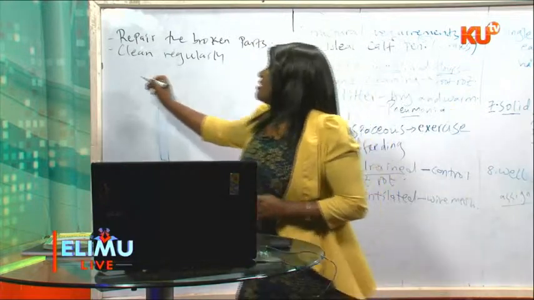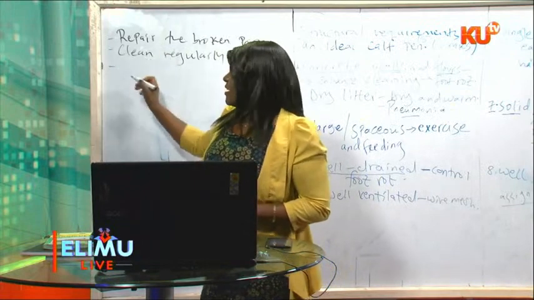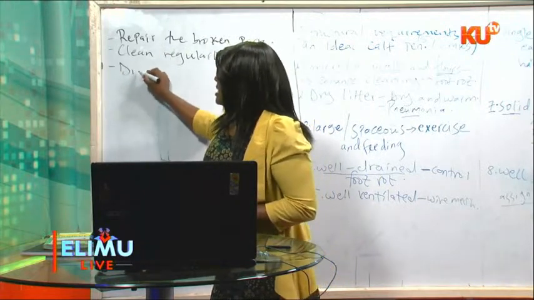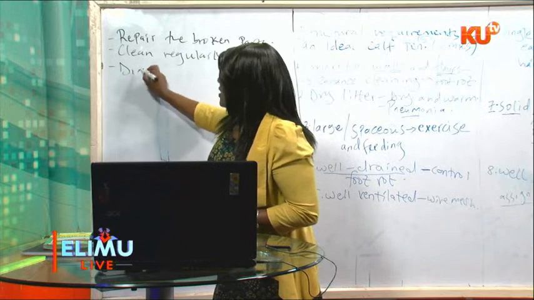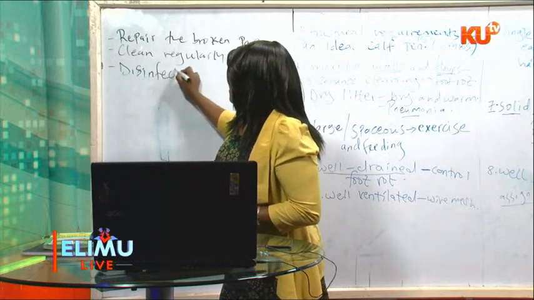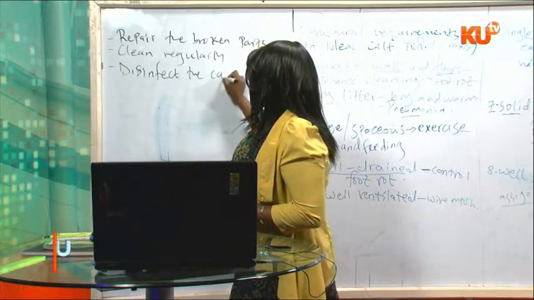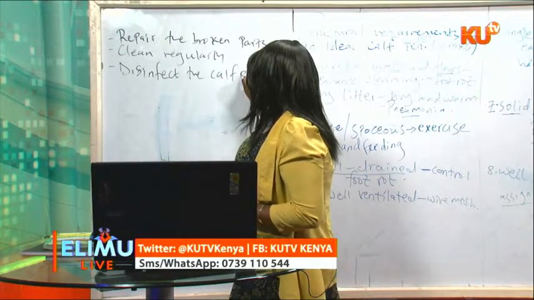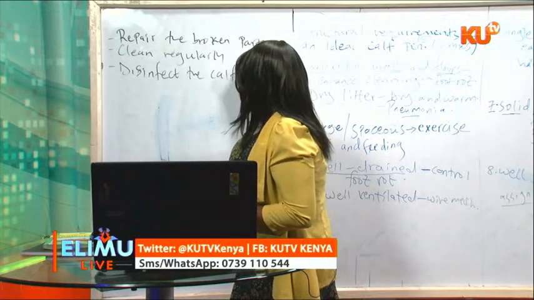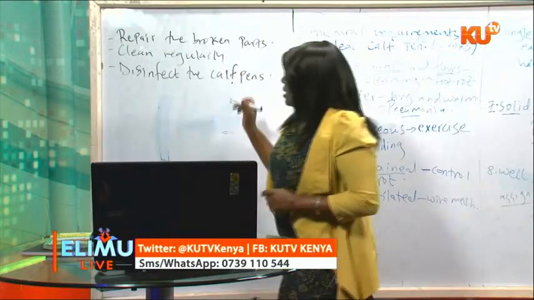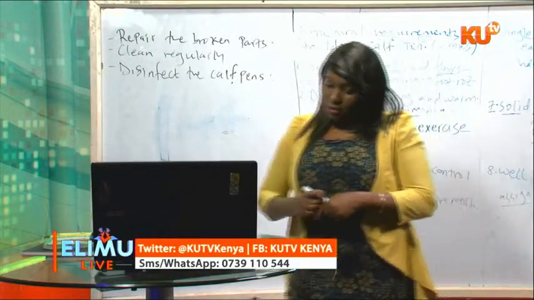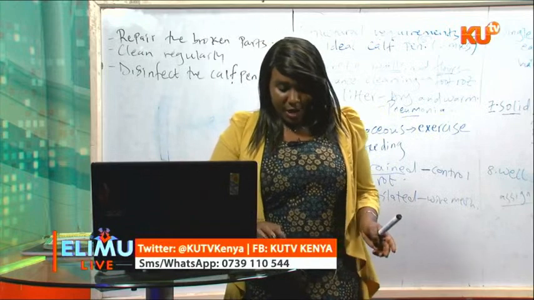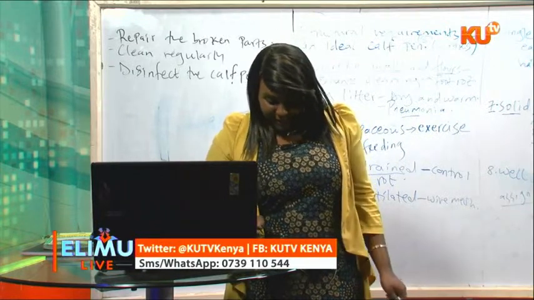You need to disinfect. Cleaning is very different from disinfecting. Disinfect the calf pens. Those are some of the maintenance practices that you can carry out on the calf pens.